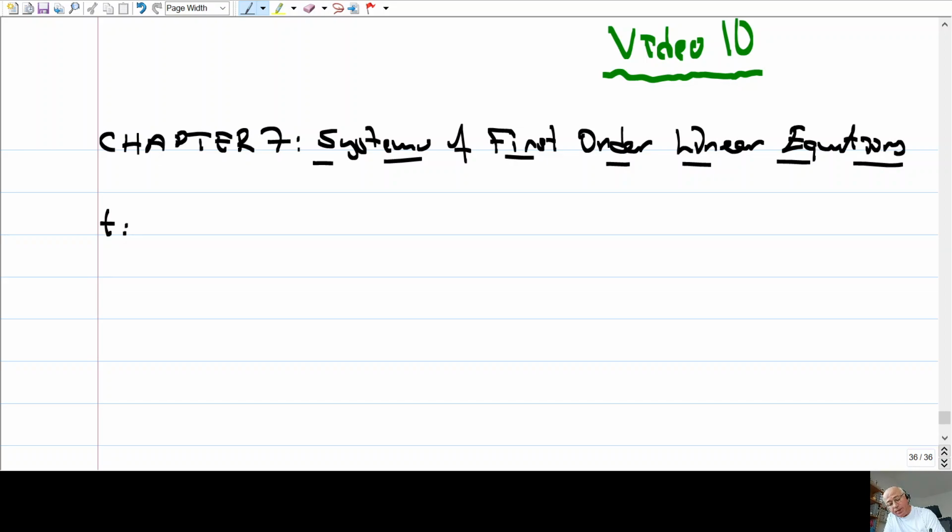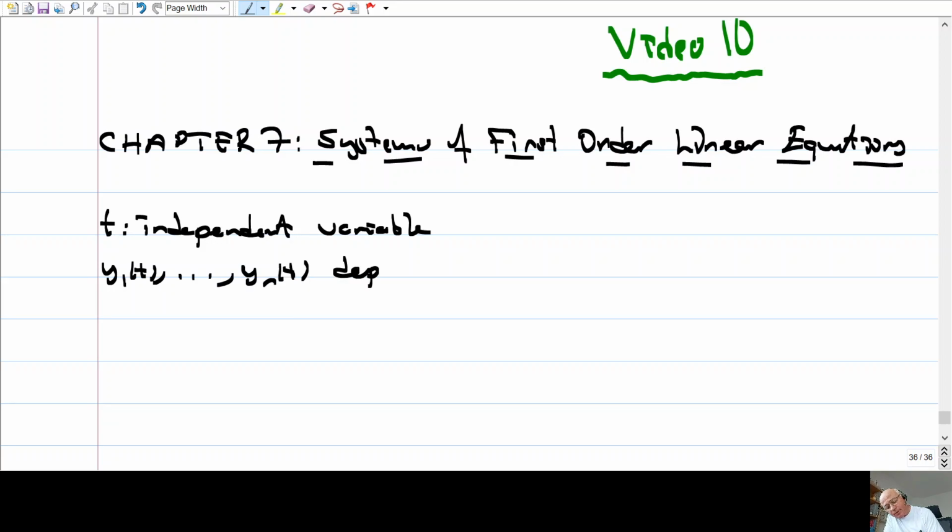So t is again the independent variable, and y1(t), let's say y_n(t), are the dependent variables, and we have differential equations involving these y_i's.